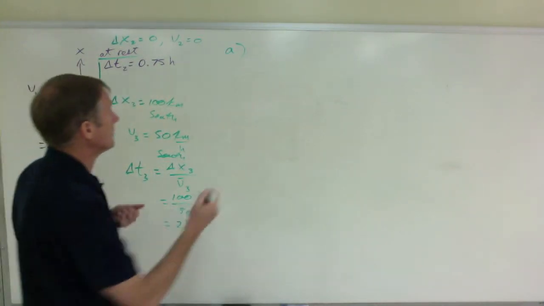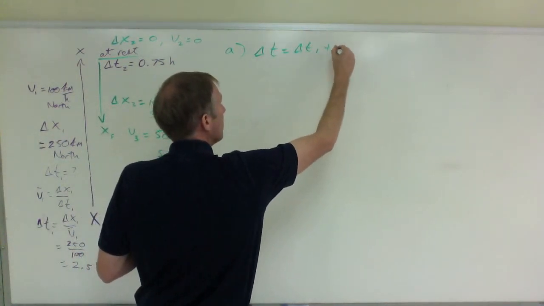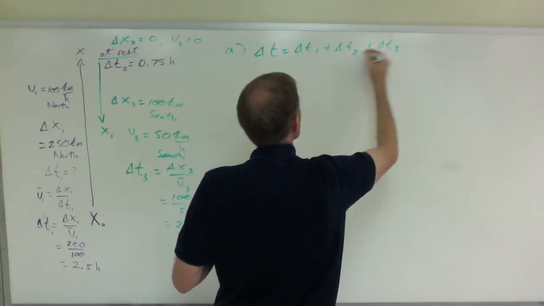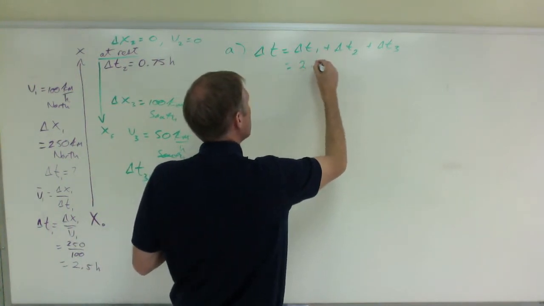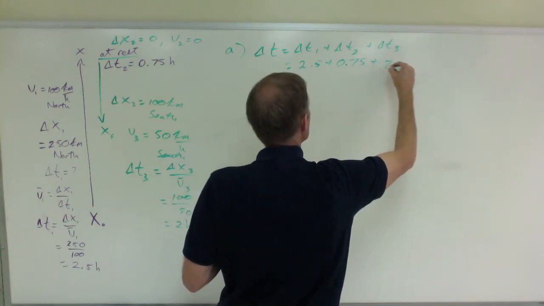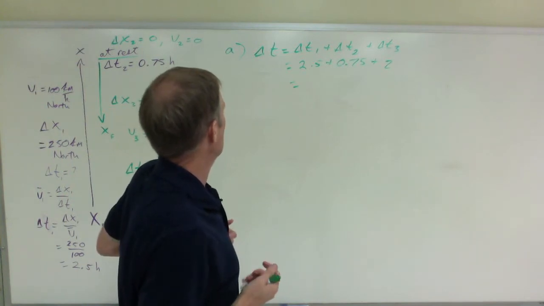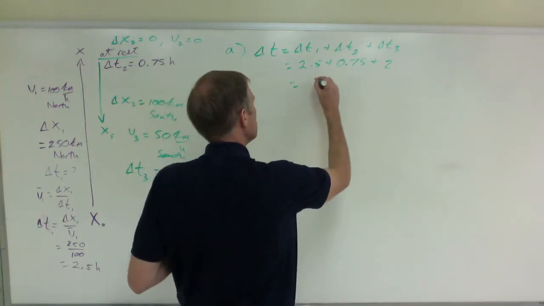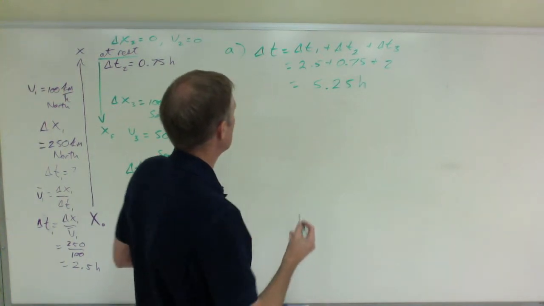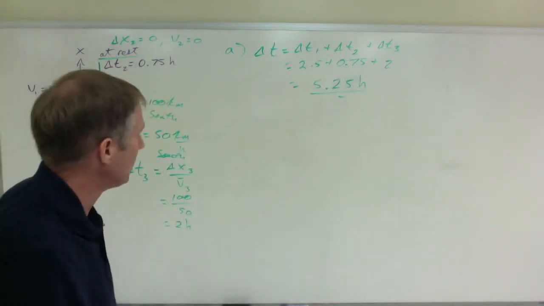That is delta t total, equal to the sum of all three of these, even when she wasn't moving. So that's 2.5 plus 0.75 plus 2, which is 5.25 hours. So this whole journey takes 5.25 hours.